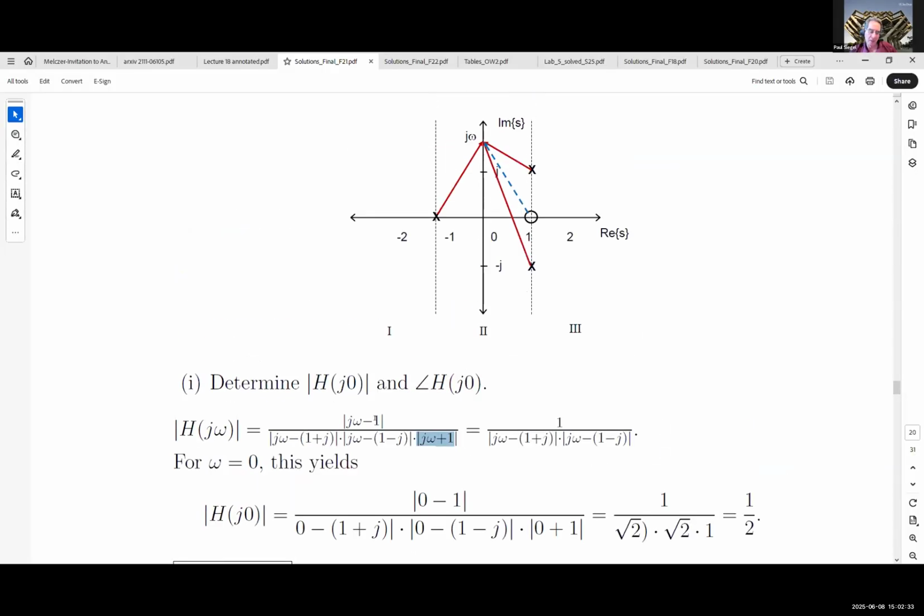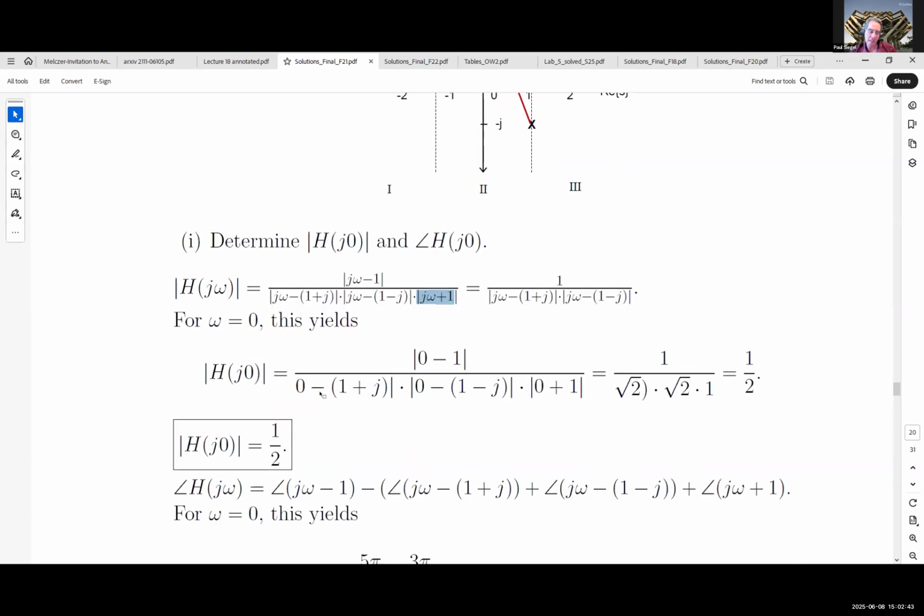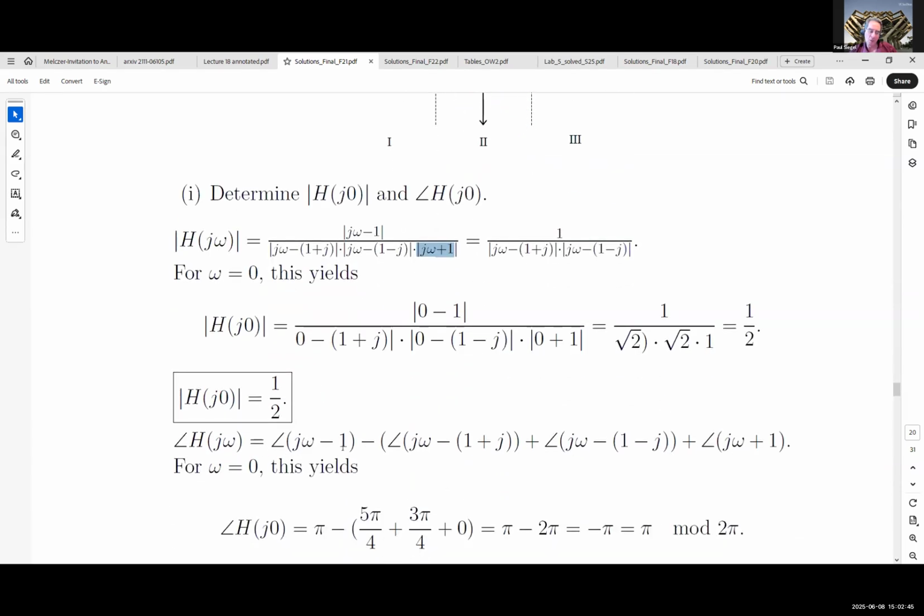So when you look at the angles, you now have to look at the angles of the numerator, j omega minus 1. So the angle of the blue vector minus the sum of the angles of the denominator, because we're using the fact that the angle of the ratio is the difference of the angles, and the angle of a product is the sum of the angles.